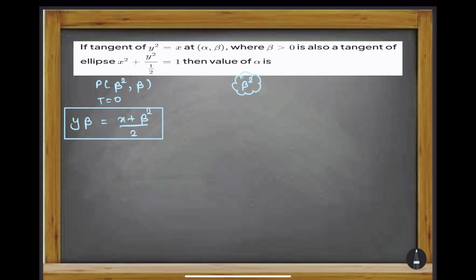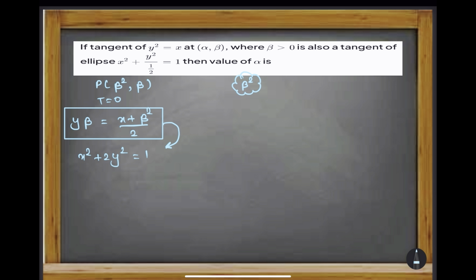Now look at this. They are saying that the same thing is also tangent to the ellipse. So can I write the ellipse as x square plus 2y square equals 1? So this is tangent to this curve as well.